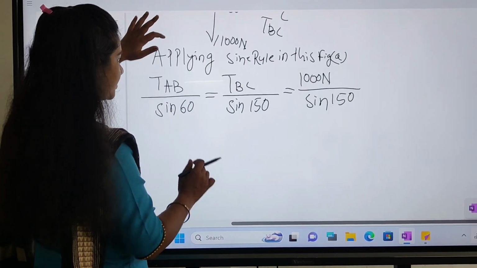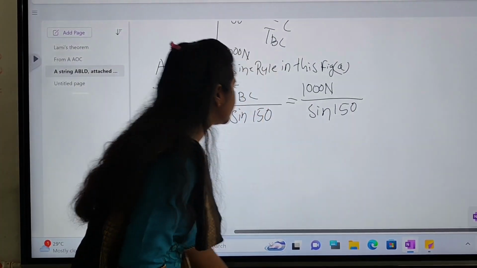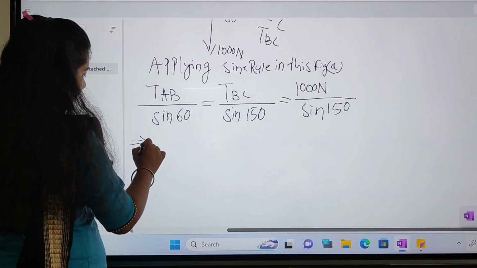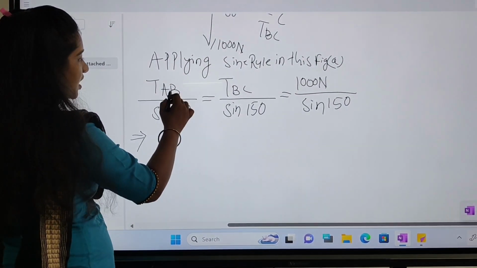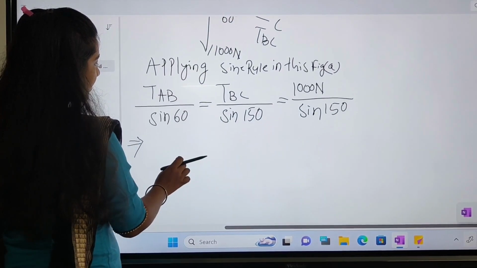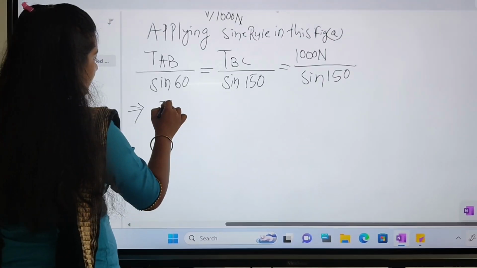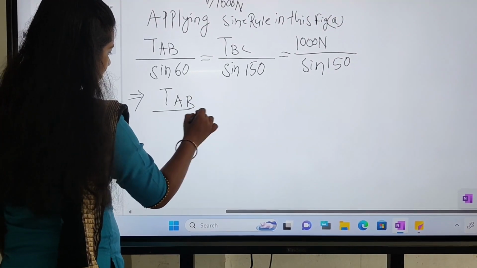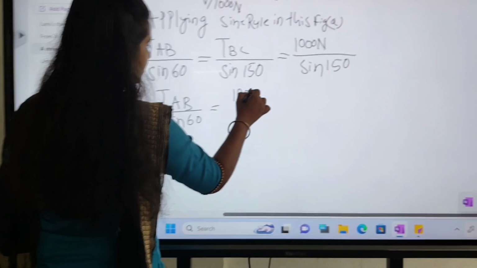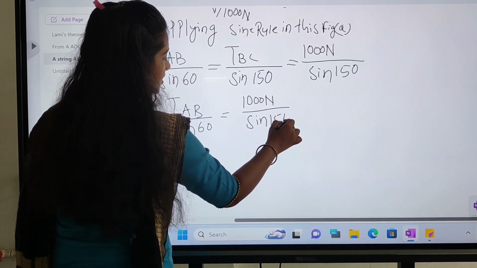Next, we solve them. We solve these sides to find the force in strings AB and BC. First, we find out TAB. So we write down TAB by sine 60 equal to 1000 newtons divided by sine 150.